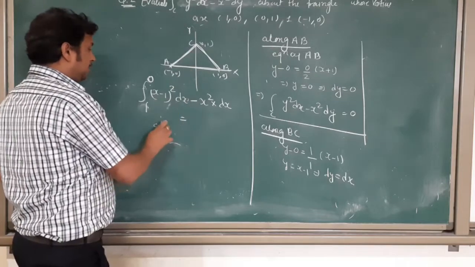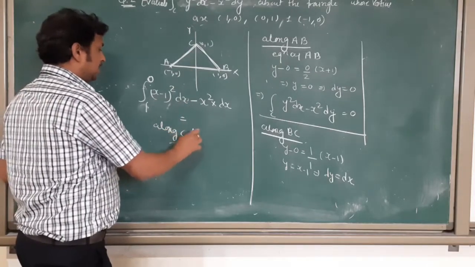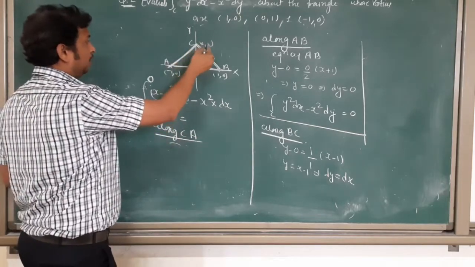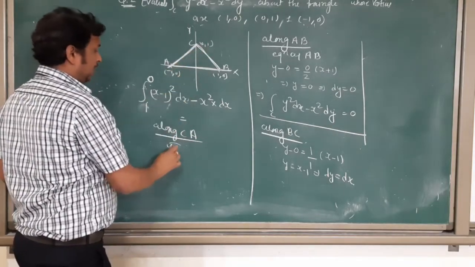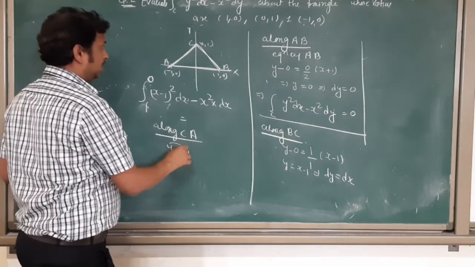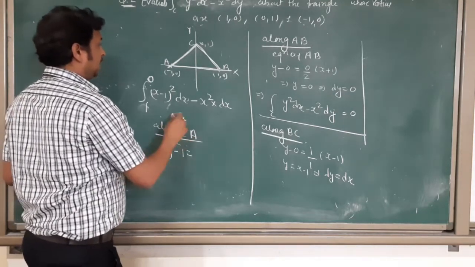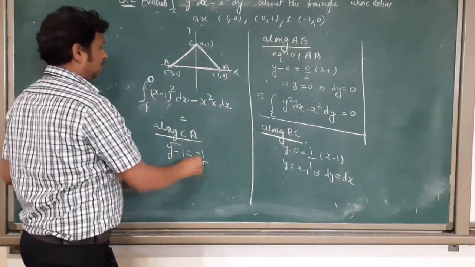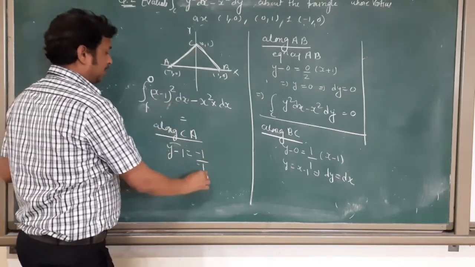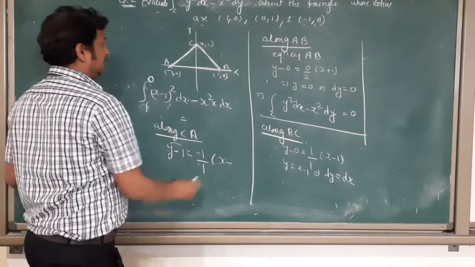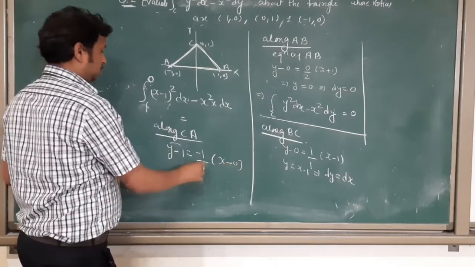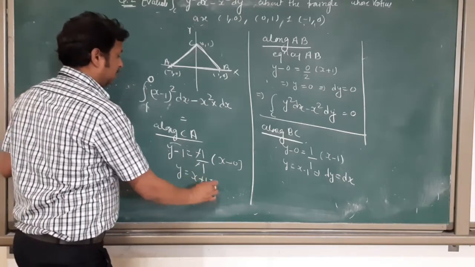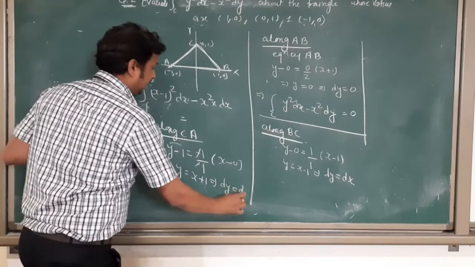Similarly, along CA. Along CA, what is the equation of the line? This is (x1, y1), this is (x2, y2). So y minus y1 means 1, x2 minus x1 so minus 1, upon y2 minus y1, minus 1, times x minus x1 means 0. So y is equal to x plus 1. So what is dy? dx.